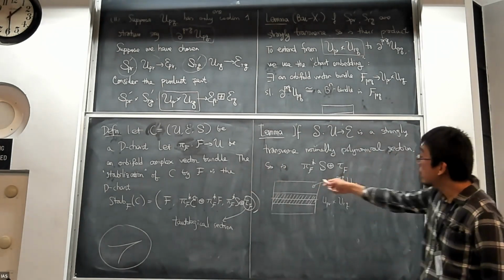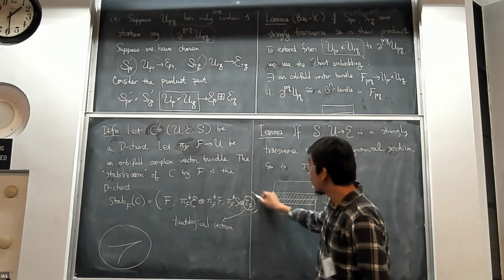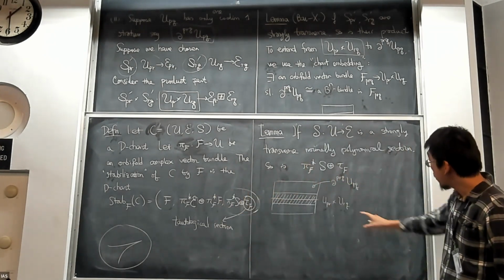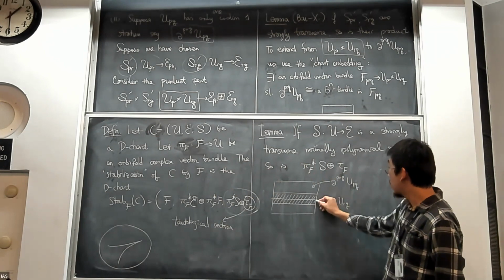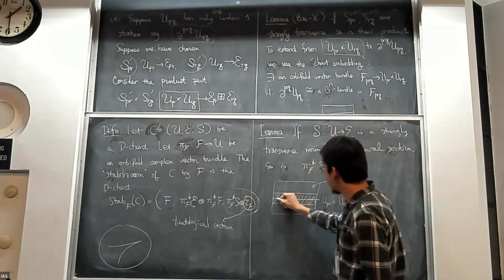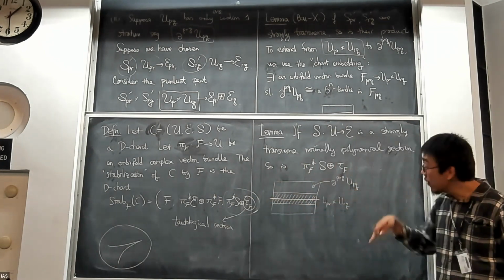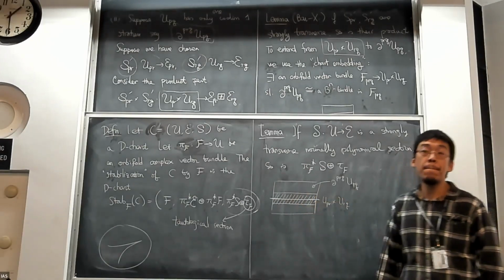Then you can use this canonical extension to extend the product perturbation to a neighborhood.